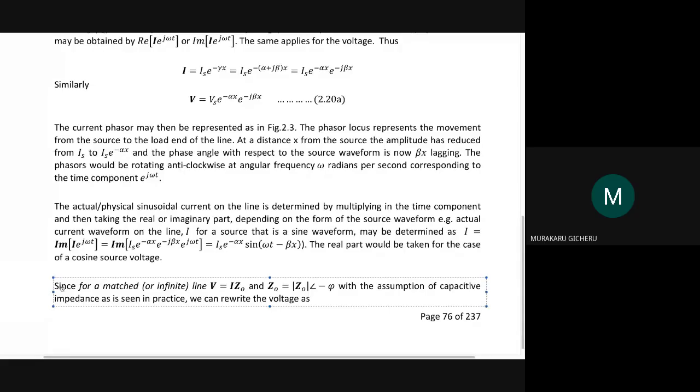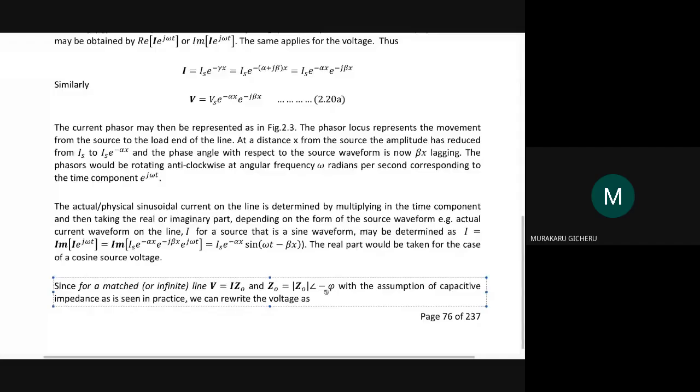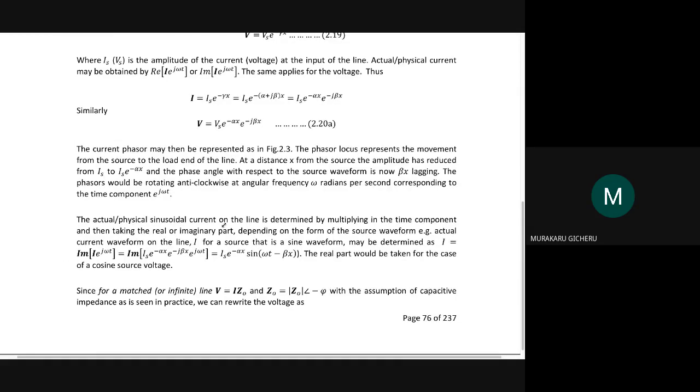So here, this is where the phi comes from. Since for a matched infinite line, Z naught is equal to the magnitude of Z naught at angle minus phi, with the assumption of capacitive impedance as seen in practice. I guess the as seen in practice is from experience with people who work with these things.